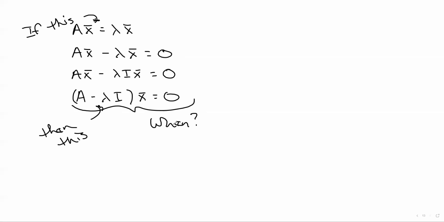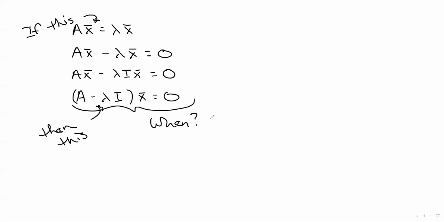Well, what we're looking for is when we can do this when X is not 0, right? You could always put an X equals 0 here and do that. You could always take this times 0 and get that to be 0. So what we want to know is when could we take this and multiply it by something other than 0 and get 0, right?